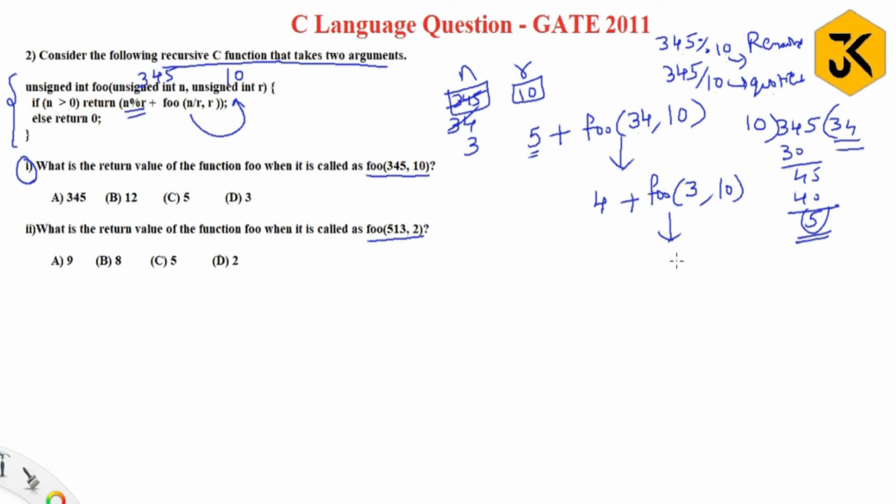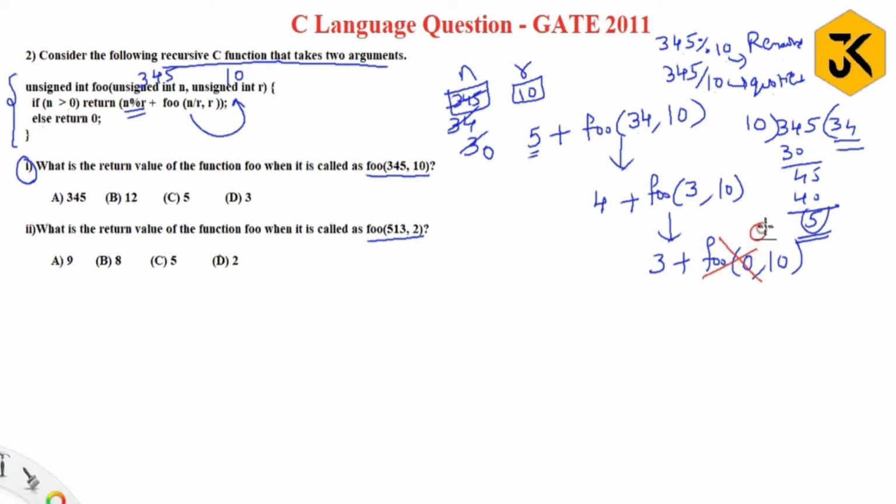What is n modulus r? n modulus r is now 3 plus foo of n by r. 3 by 10 is 0 comma r is 10. Now n value is 0. Is 0 greater than 0? No, the condition fails, so else it is going to return 0. It is going to return 0 to the same function.